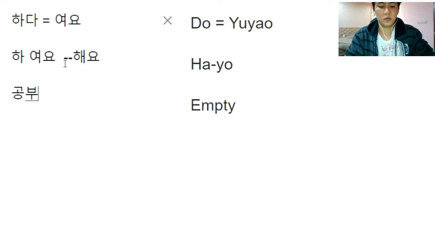Kong bu ha ta. Kong bu ha ta means study. Remove ta and then yo, like this, but you cannot use it like that, so it should be hair yo. 공부해요.